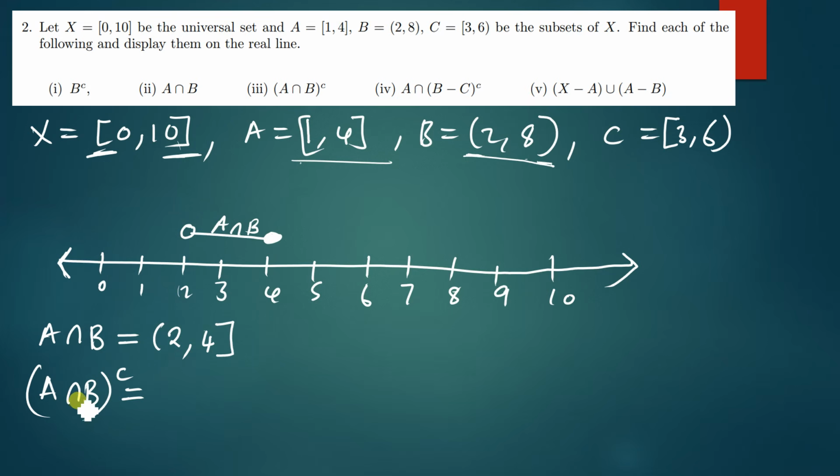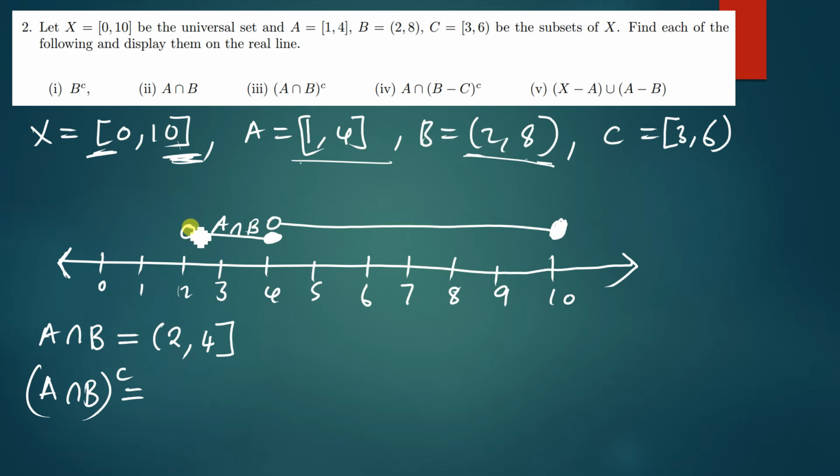And then from there we can now look at, okay, so we are trying to find A intersection B complement. So if 4 is part of A intersection B, it means that it's not going to be part of the complement, meaning we open at 4 and then we are drawing this line up to where the universal set is ending. But because it's closed there on the universal set, we also have to close this part.